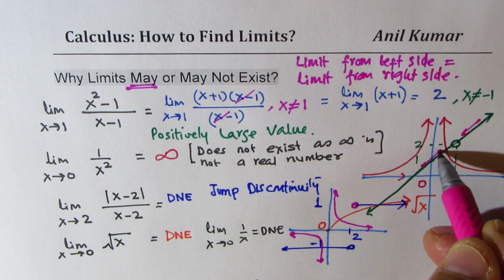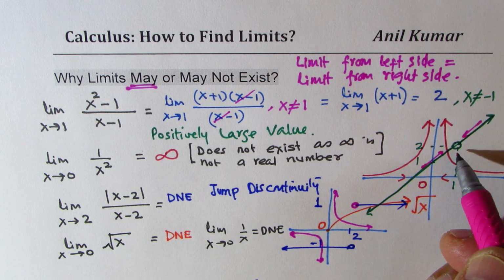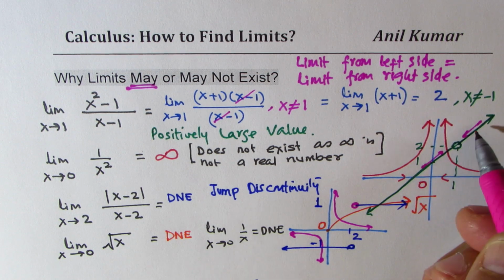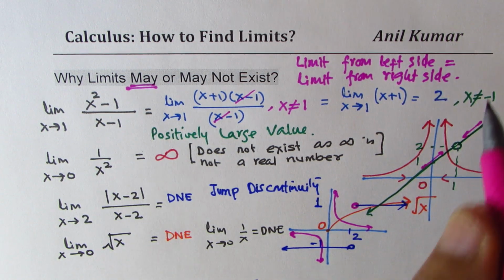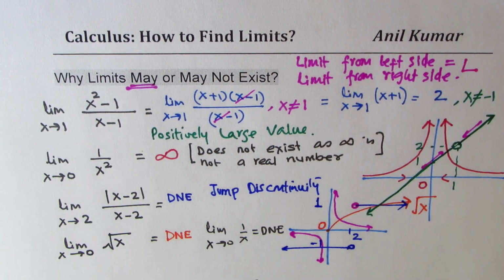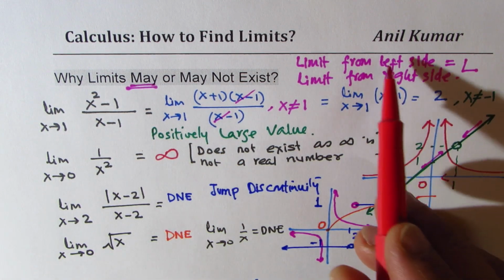The limit exists in spite of the point not being a part of the domain, because the concept is approaching, not being there. From both sides, you approach the same value. If those values are the same, let's say L, then the limit exists. And the limit may not exist if they are not the same.